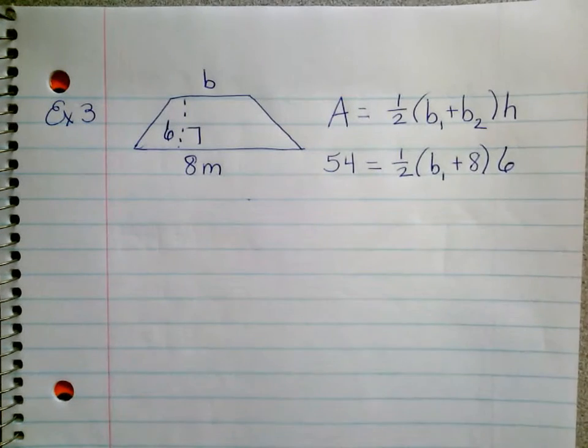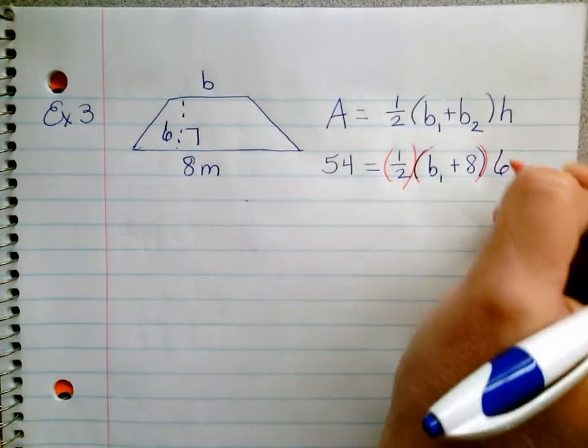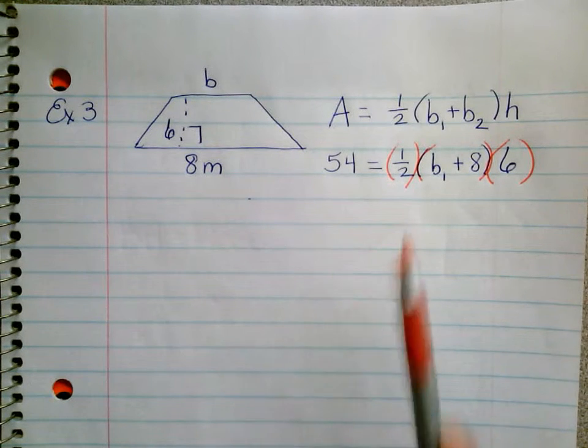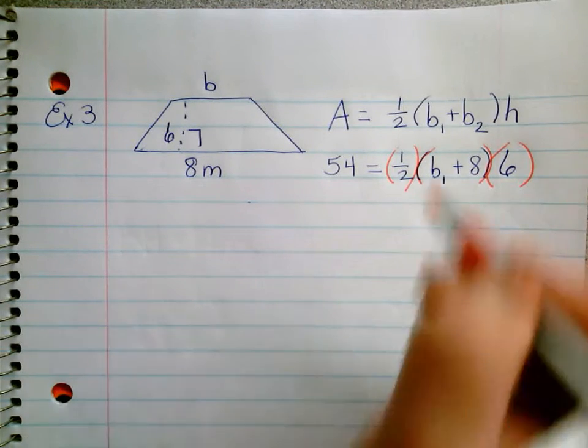I don't know if you guys remember this, but when you're multiplying, the order that you multiply doesn't matter. So this is literally saying that multiplied by that, multiplied by that, right? But how do I multiply b plus 8? I don't know what half of b plus 8 is, but can I figure out what half of 6 is?